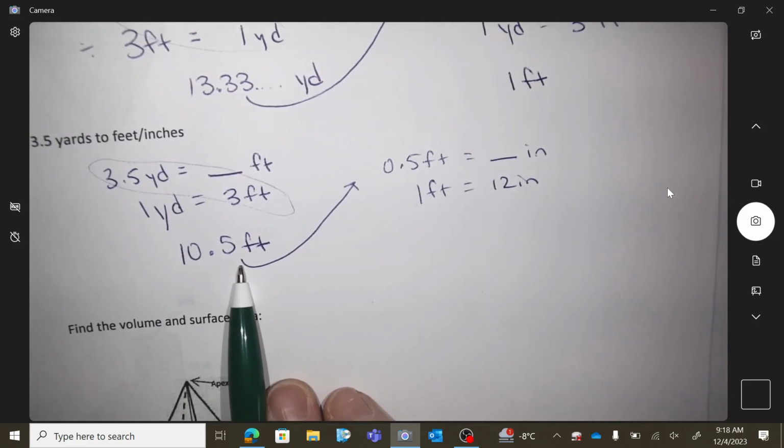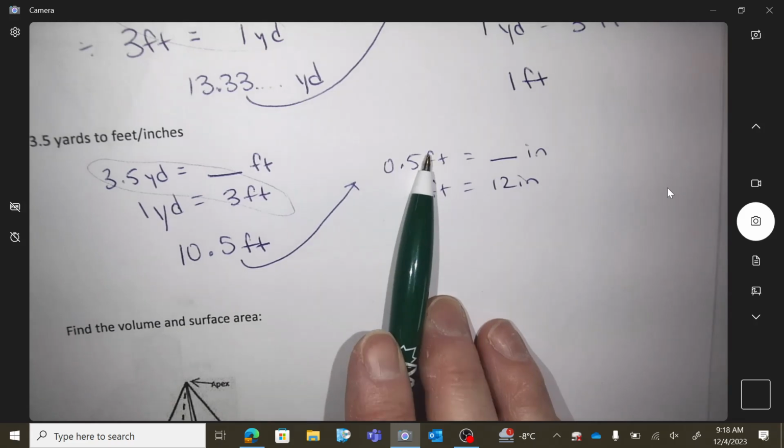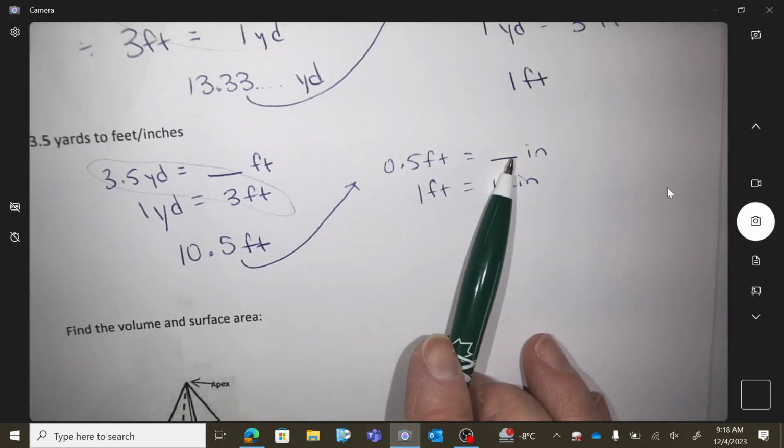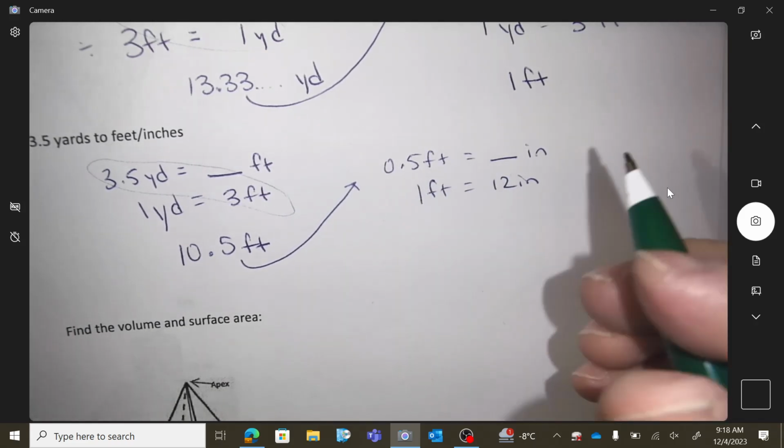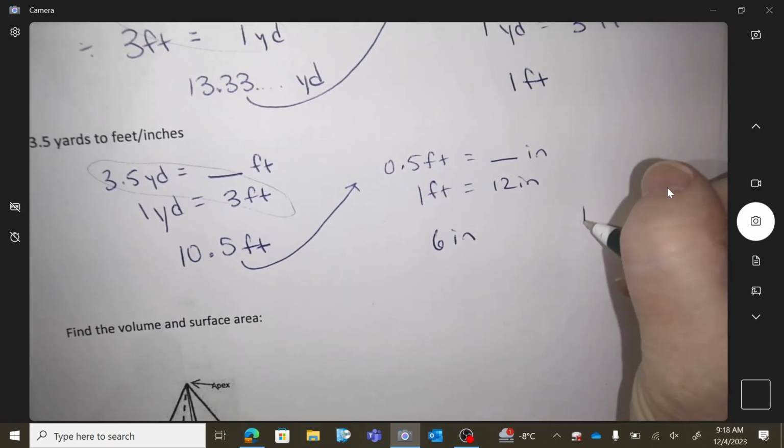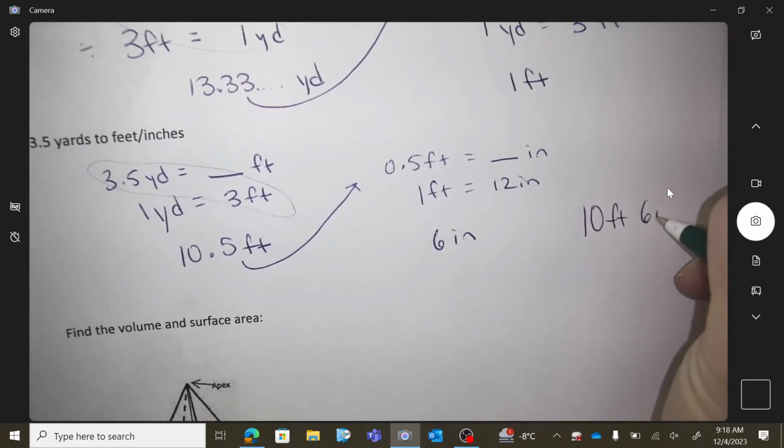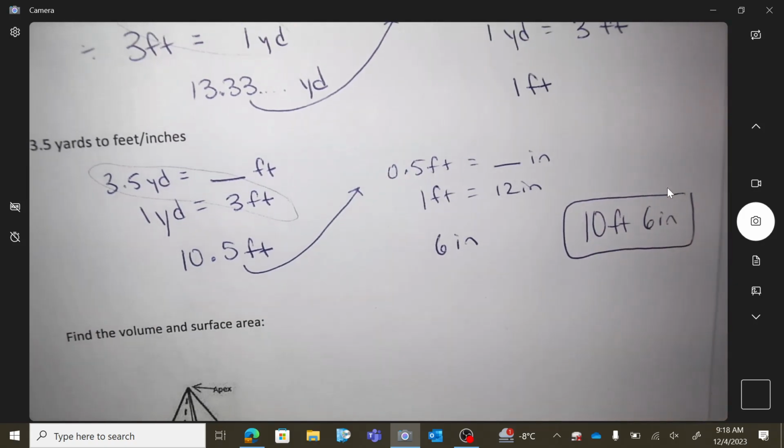Okay, then you carry over the decimal part. So that's how many feet I would have. I'm still wanting to go to inches. Okay, so very similar stuff. The first conversion gives you a decimal, and then you carry the decimal part forward.